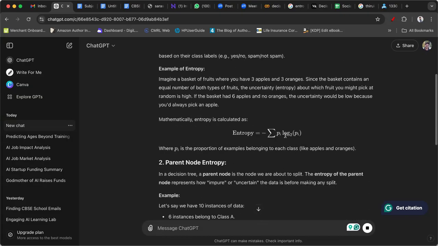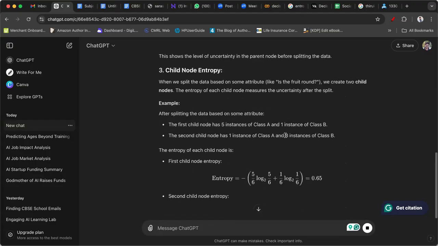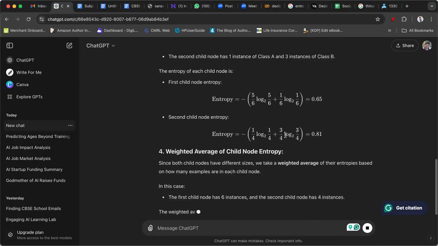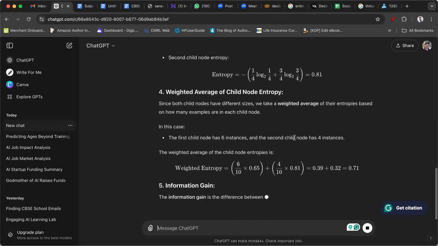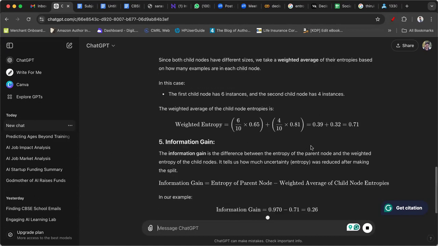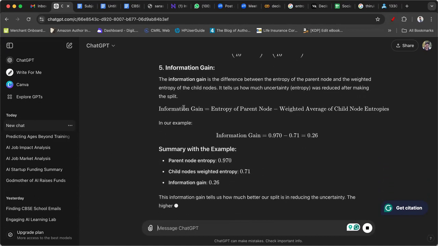So parent node entropy, right? And child node entropy. Just see the classic example which they have given. Okay, let's see, this is what I want to show you.